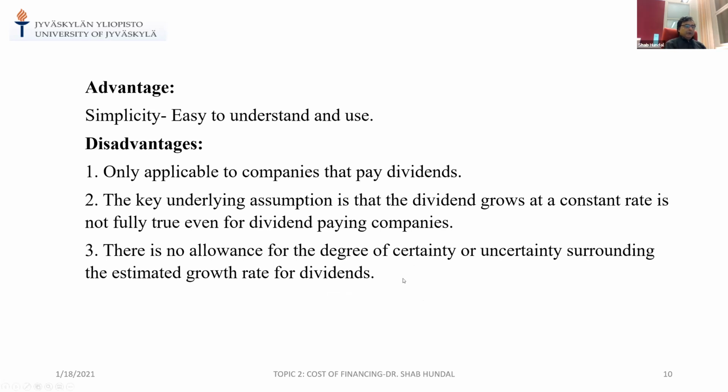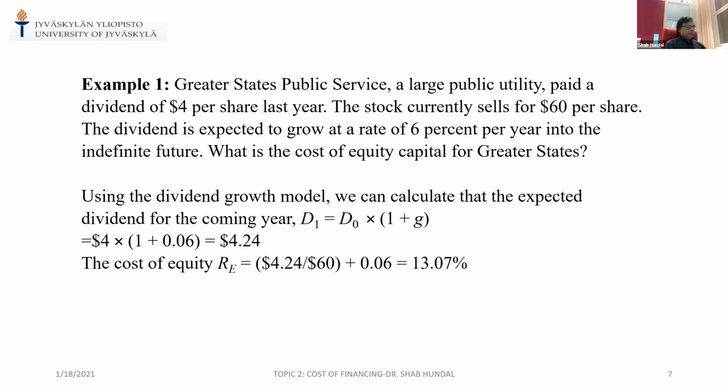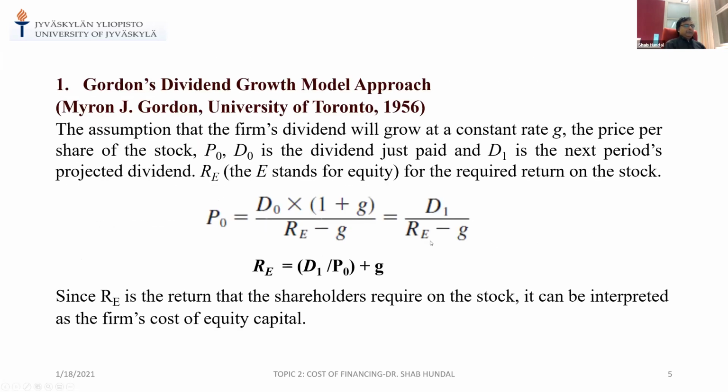is that you have a look at the formula. The formula says the current notional, theoretical, equilibrium, natural, normal price, or even the latent price, is equal to D1 divided by RE minus G. Now, here, I want to draw your attention.